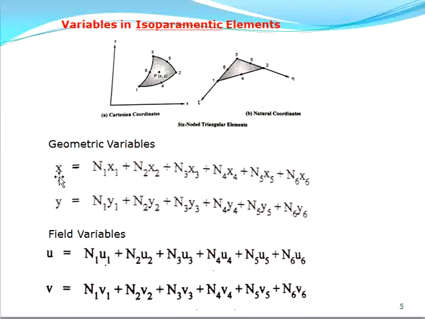If I want to calculate x, meaning the position of P in x coordinate as well as y coordinate, these are the generalized formulae for x and y. If I want to calculate the variable functions u and v of P, again the same formula we can apply, only changing the variable. Here we use geometric variables and here we use field variables. So both formulas are the same.